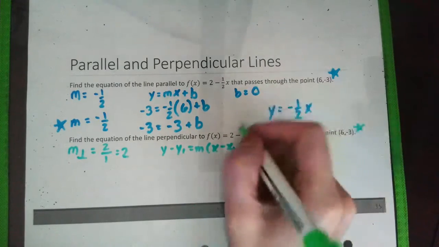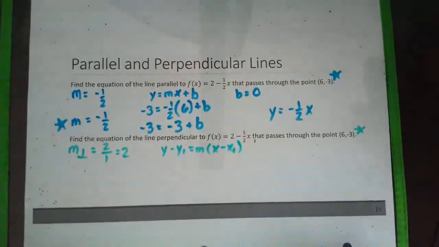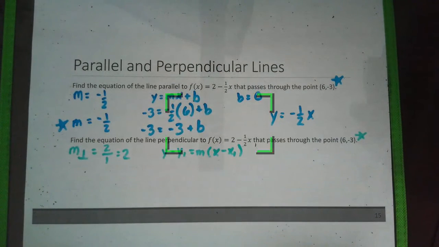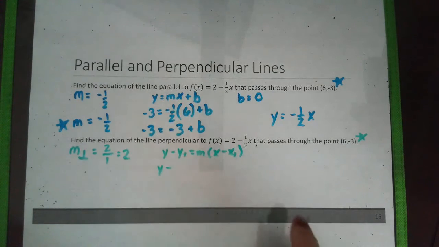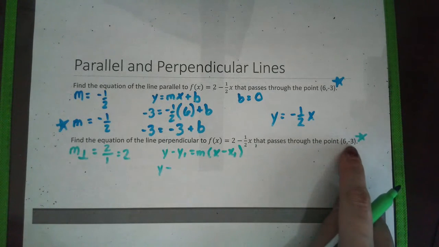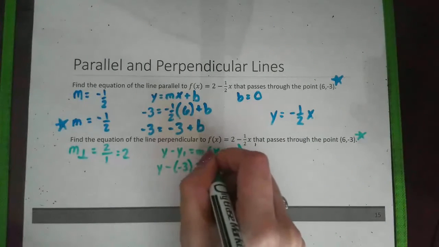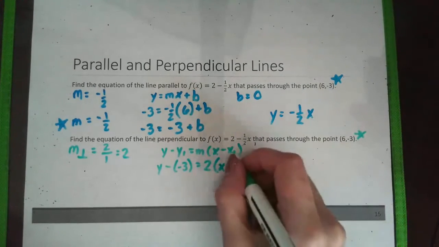You're welcome to use either one of these ways, either y equals mx plus b or y minus y1 equals m times x minus x1, whichever one comes more naturally to you. So I'm going to plug in what I've got. Y minus the y value that I have, which is -3, is equal to m times x minus the x value, which is 6.